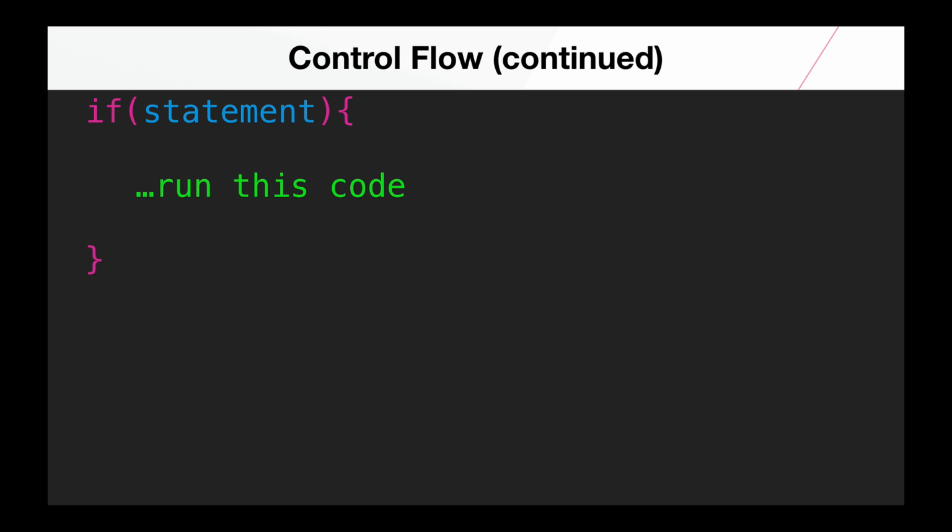We want to say, if something is this way, then run this code. If it's this way, run this code. If it's this way, etc. It can be more than one thing. In this case, we're going to introduce else ifs, or else statements. So an else statement allows us to default. So if the if statement isn't true, we still want to run some code. So we run an else statement.